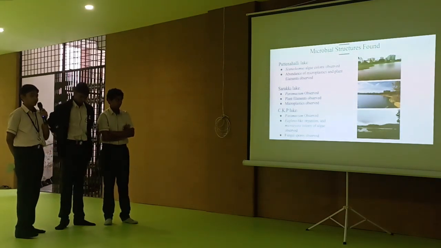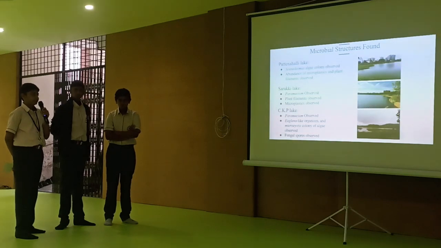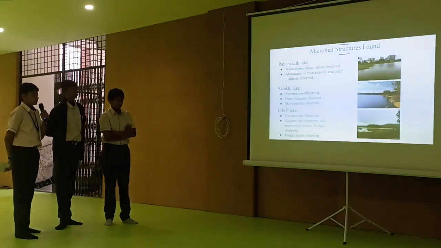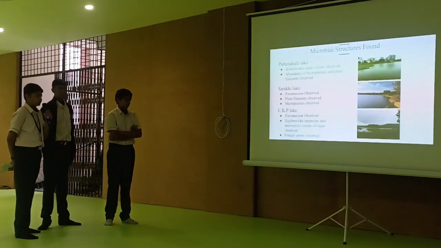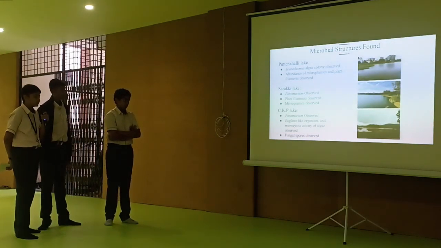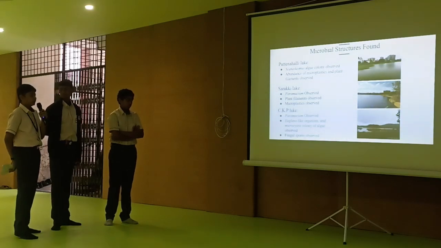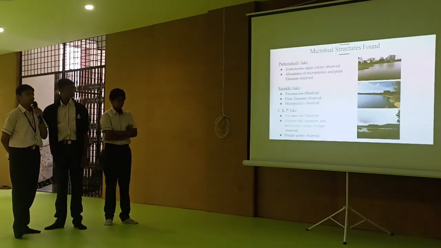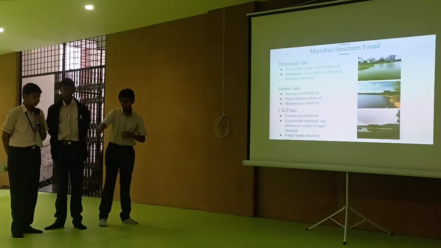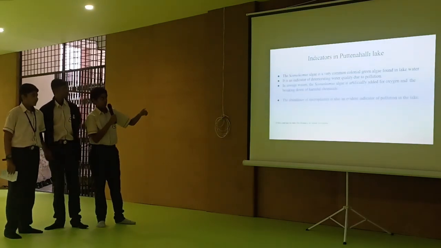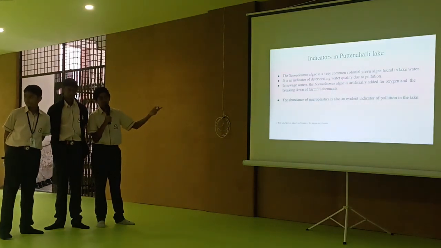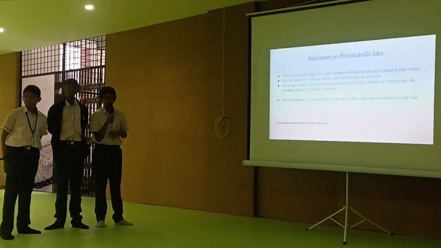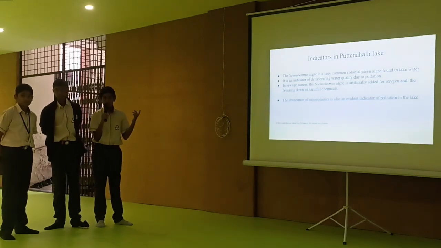We also observed a lot of plant filaments as well as a lot of microplastics. In CK Palya Lake, we observed paramecium. We also observed Urina-like organisms as well as a microcystis colony of algae, and we also observed fungal spores. Next slide. We are not sure that whatever we have found is what we think it is, but with further speculation, we might be able to pinpoint what it is.